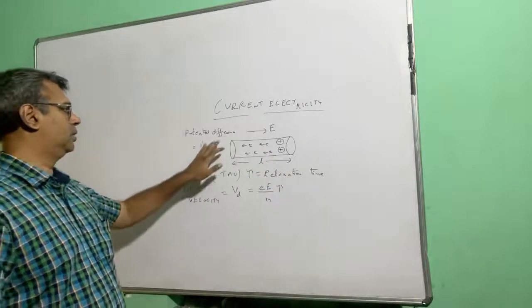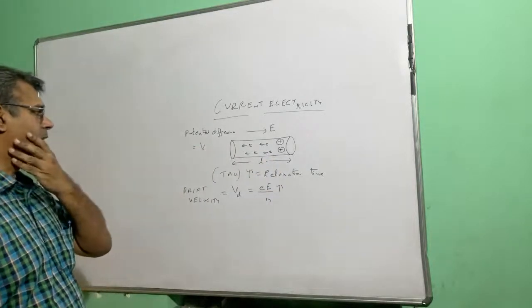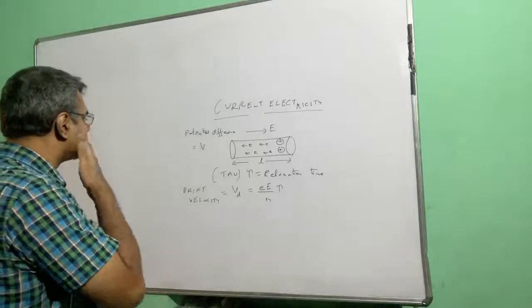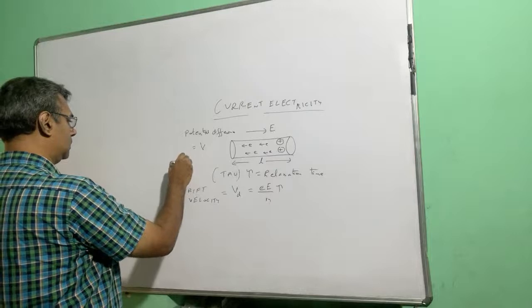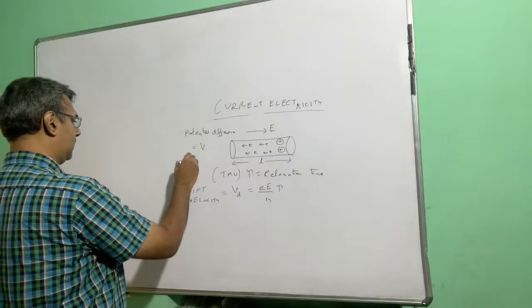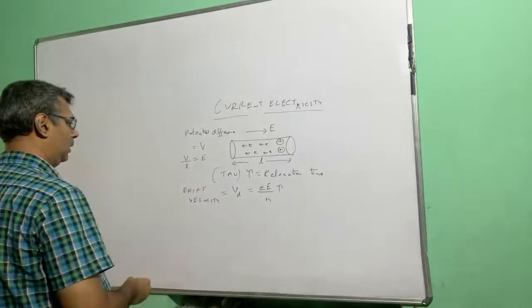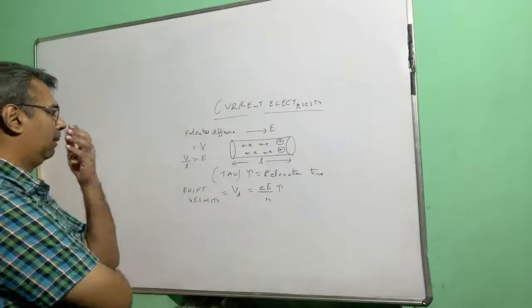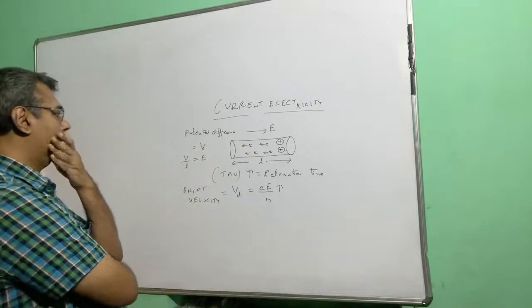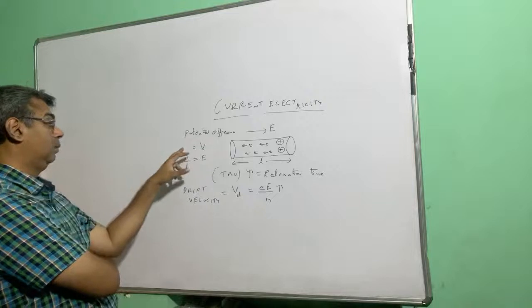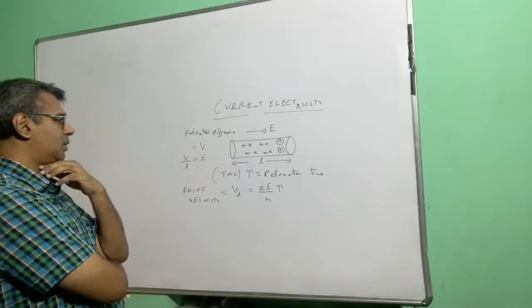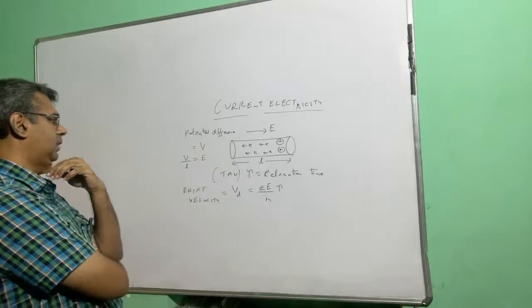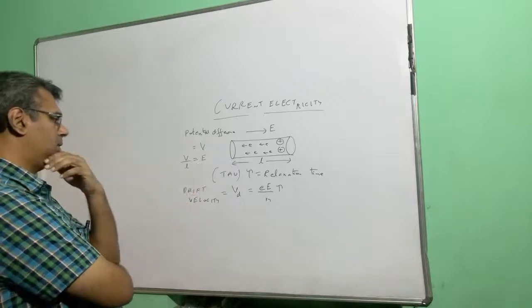So suppose the potential difference between the two ends of the conductor is V. So potential difference divided by the length of the conductor is equal to the electric field. So V by L is equal to E.